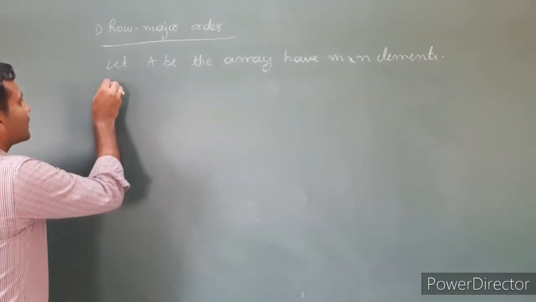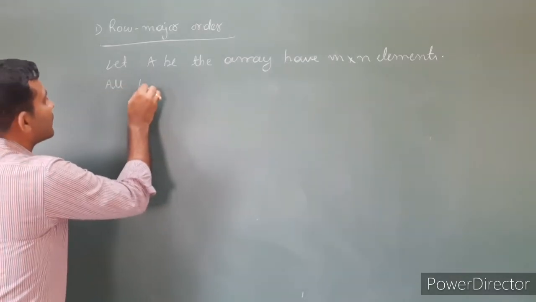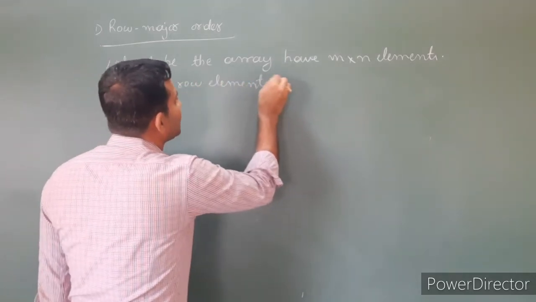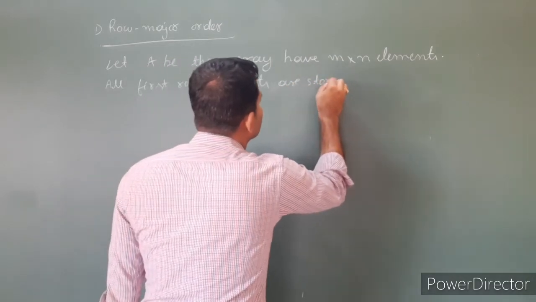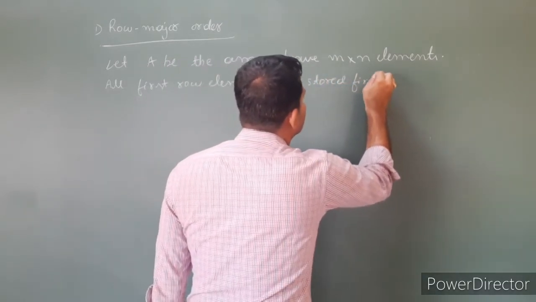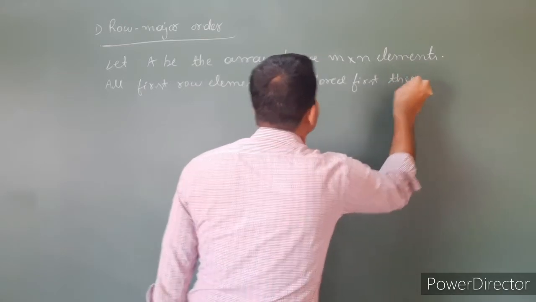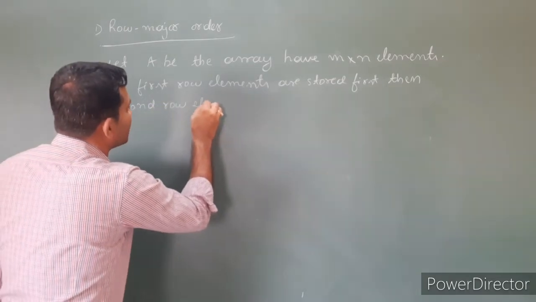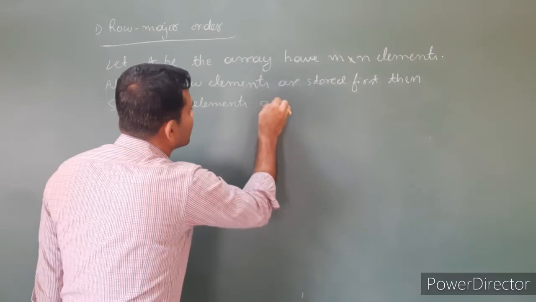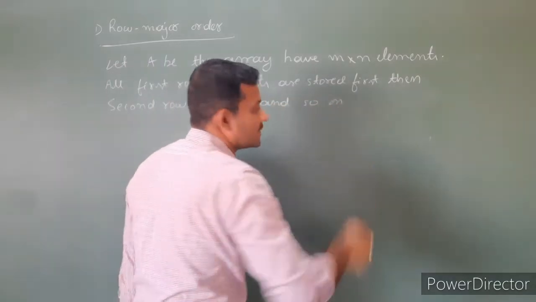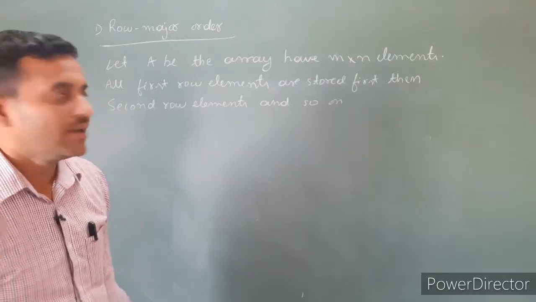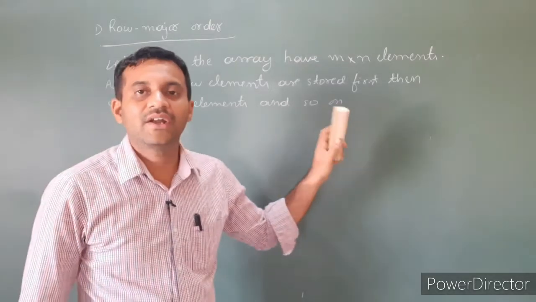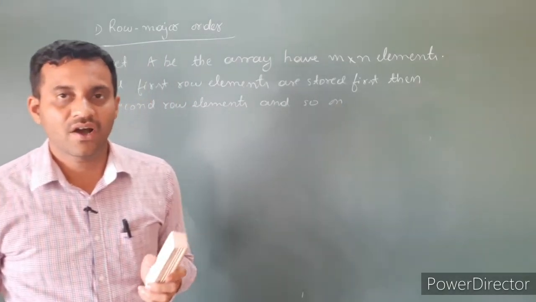Then in row major order, all first row elements are stored first, then second row elements, and so on. See here, in row major order, all first row elements are stored first, then second row elements are stored, and so on. That is the row major order.